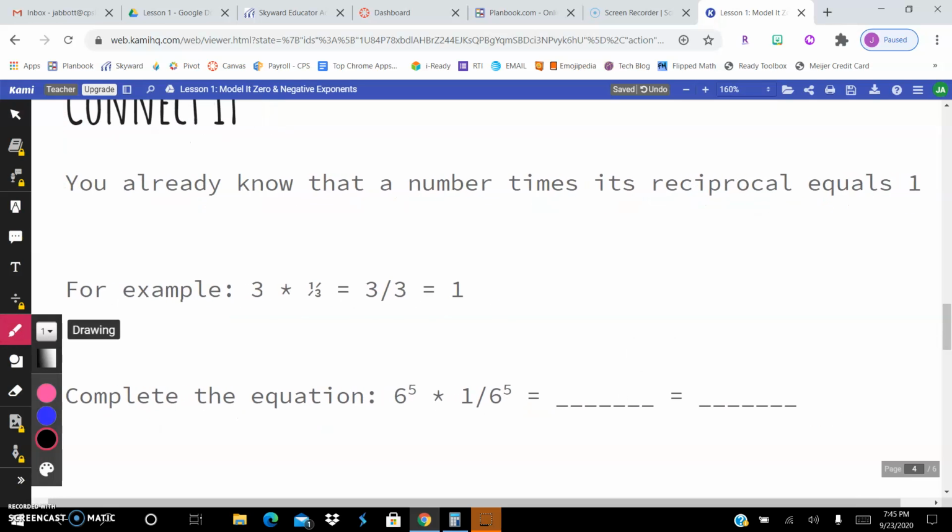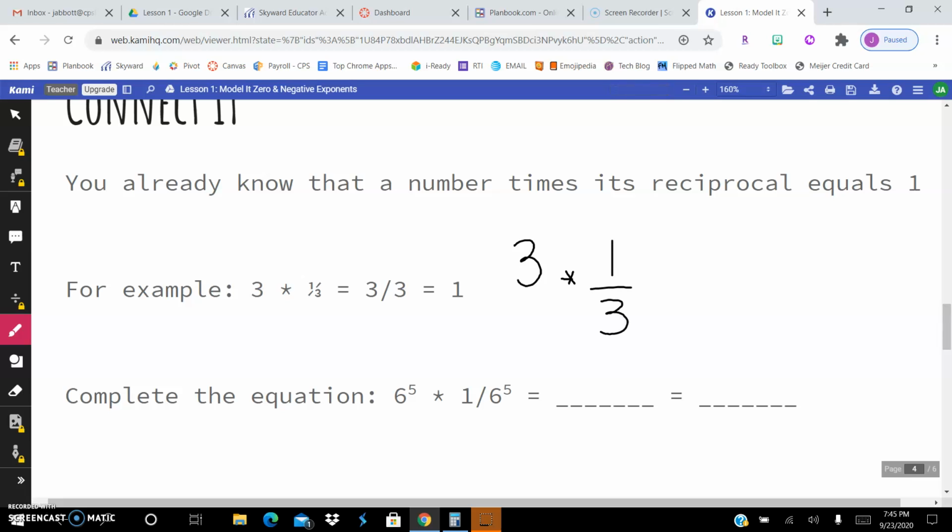So you already know from last year that a number times its reciprocal is equal to 1. So for an example here, 3 times 1/3, and if we need to make 3 a fraction, we would just put a 1 under it, is equal to 3/3, which 3 divided by 3 is equal to 1.